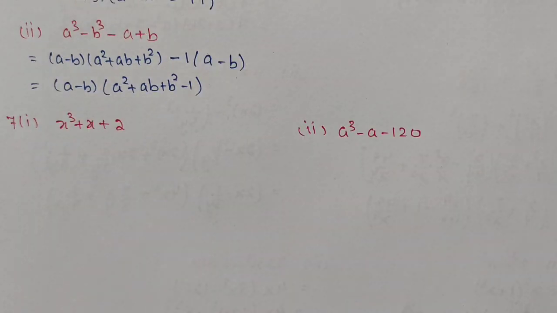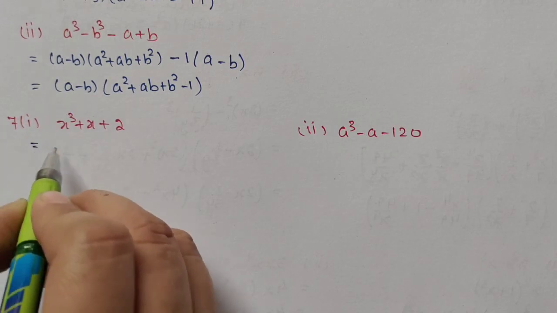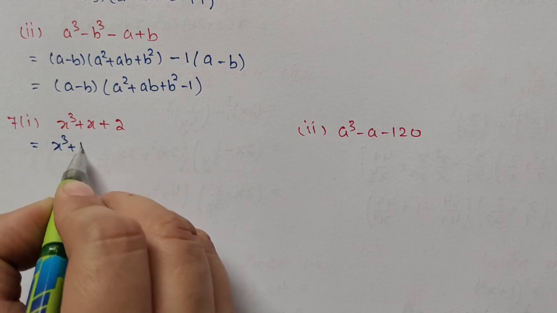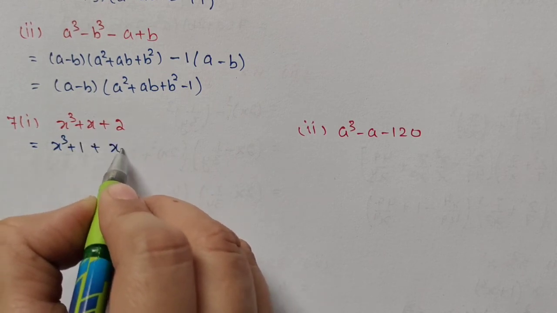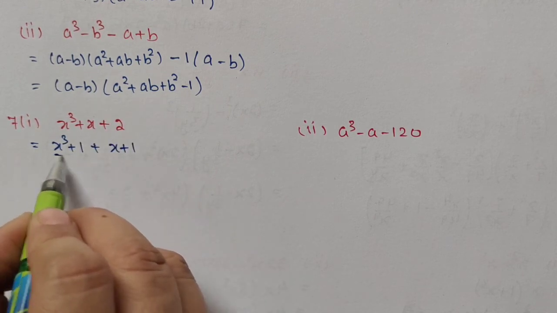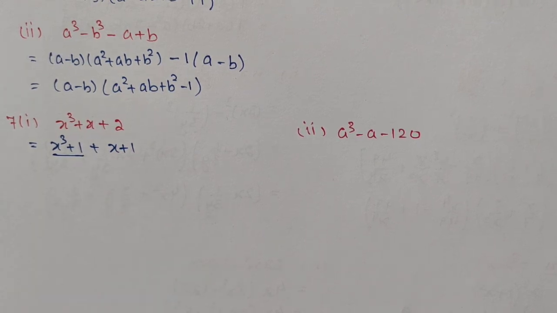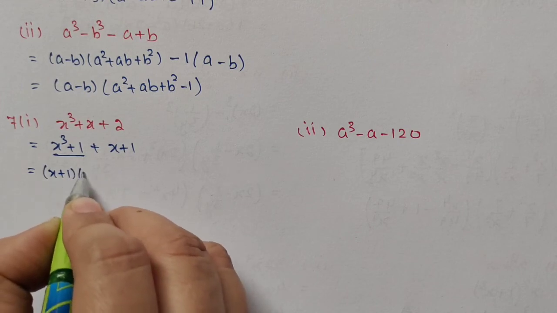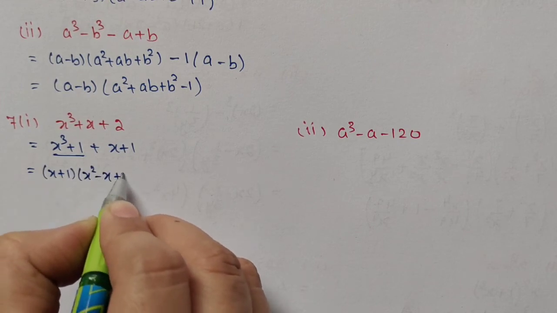Next, seventh question, first part: x³ + x + 2. This question is not in cube form, but we have to change it. So what we can do, this 2 we can write as 1 plus 1. So 1 we will take here and the remaining 1 we will write here. In these two we can apply the a³ + b³ formula. We will get (x + 1)(x² − x + 1).